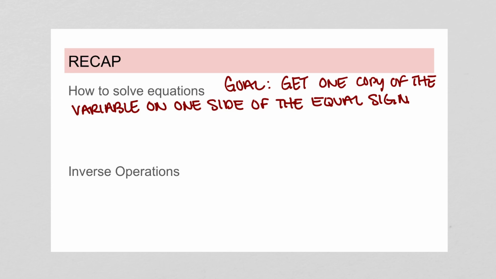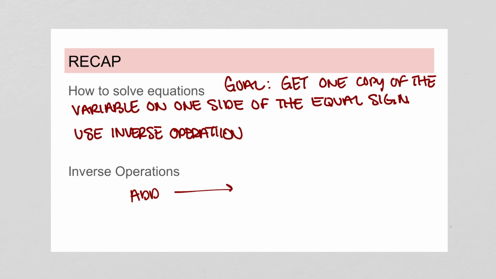And we're going to use our inverse operations. What are our inverse operations? Let's list a few. The inverse of adding is to subtract, and that goes back the other way too: if it's telling us to subtract, then we would add.